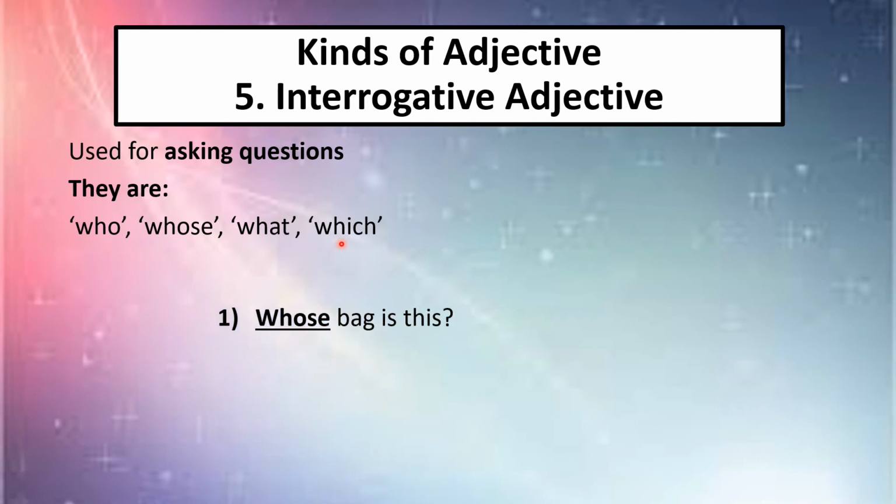Let's use interrogative adjectives in sentences. See the first example. Whose bag is this? You are asking question about bag, which is a noun, and you have used whose as interrogative adjective to ask question about the bag. So, whose here is the interrogative adjective.